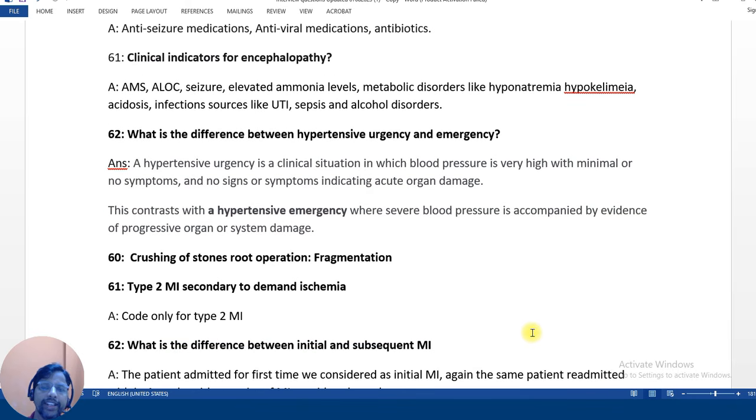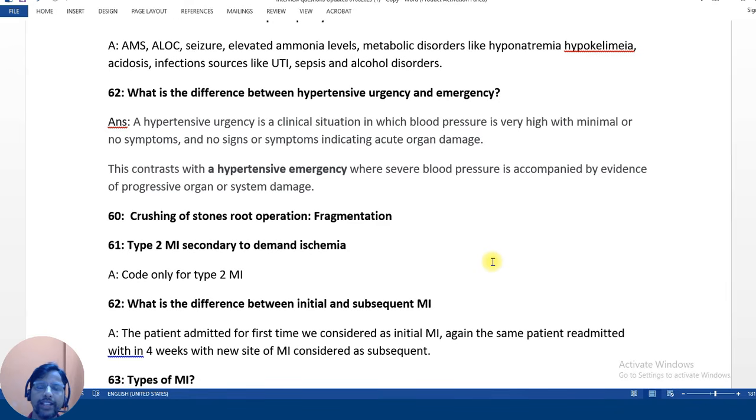What are the clinical indicators for encephalopathy? AMS means altered mental status, acquired loss of consciousness, seizures, elevated ammonia levels, and a few more.